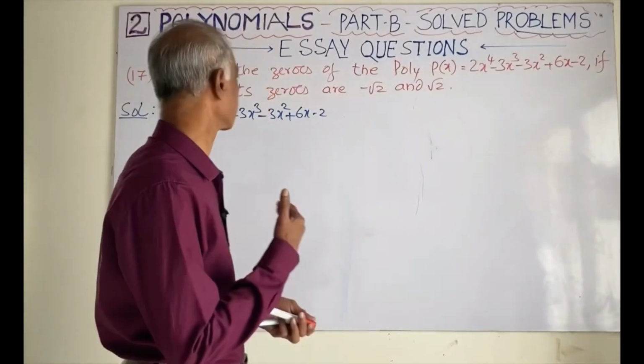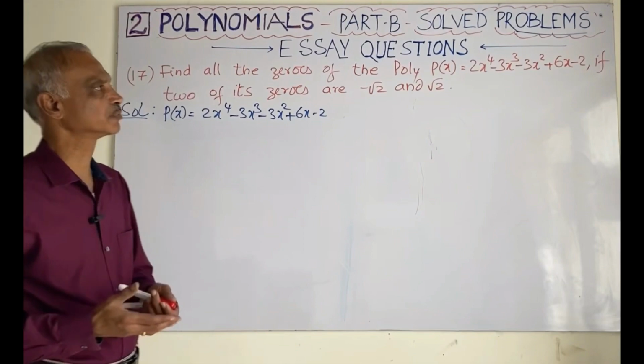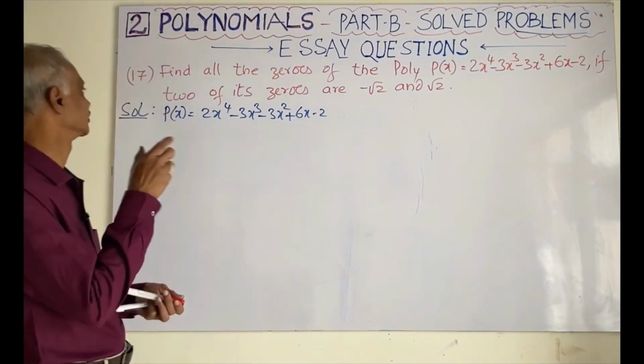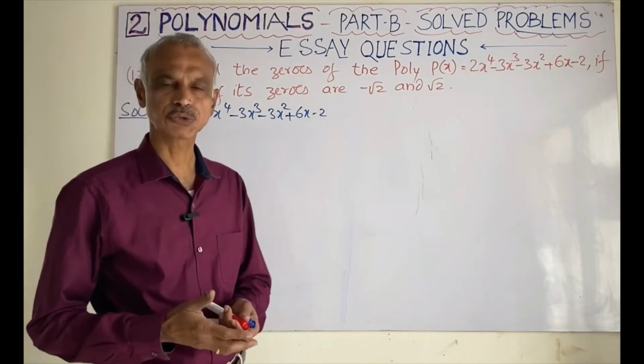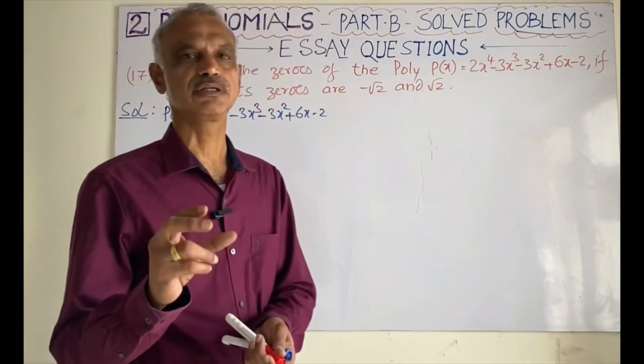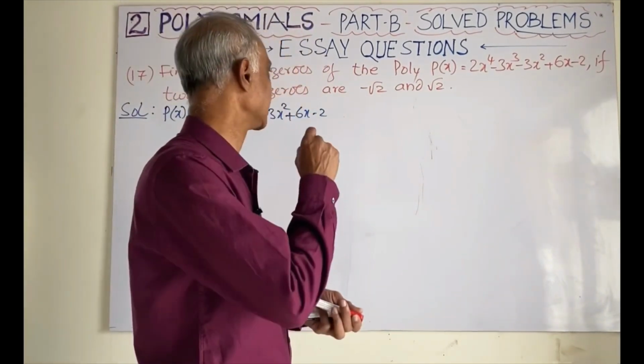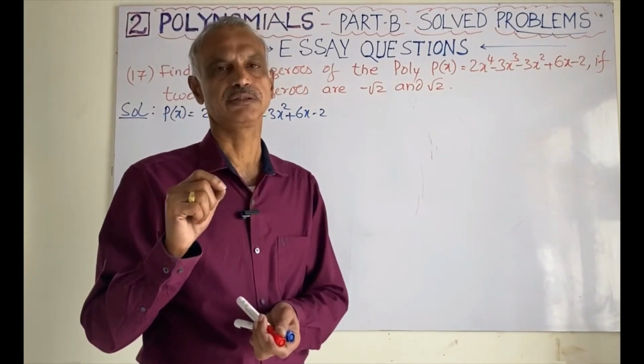What is the 17th problem? Find the zeros of the polynomial p of x if two of its zeros are minus root 2 and root 2. It has given two zeros, minus root 2 and root 2.